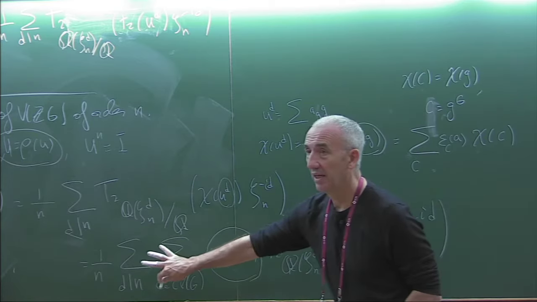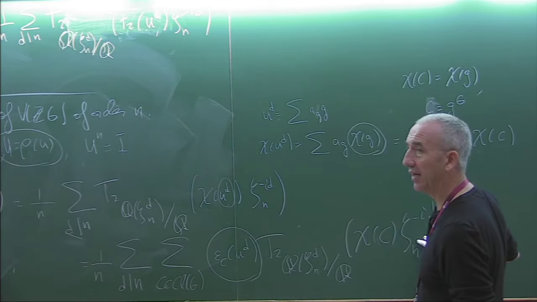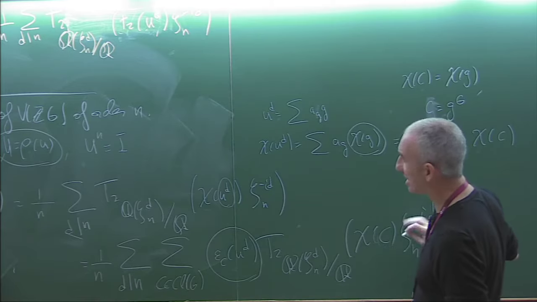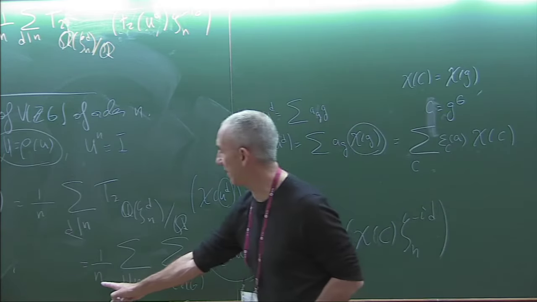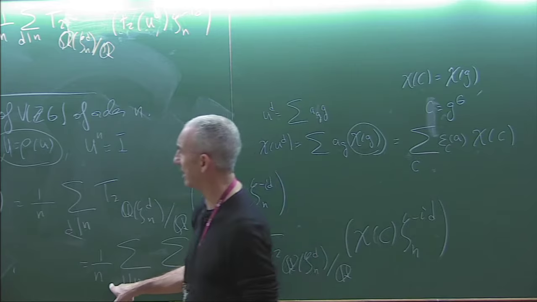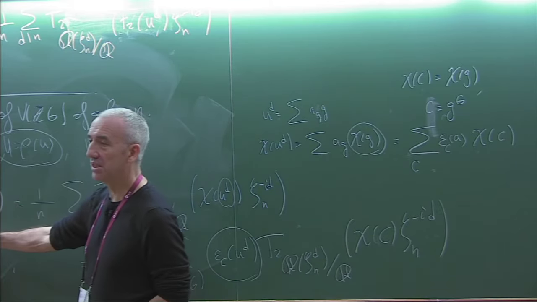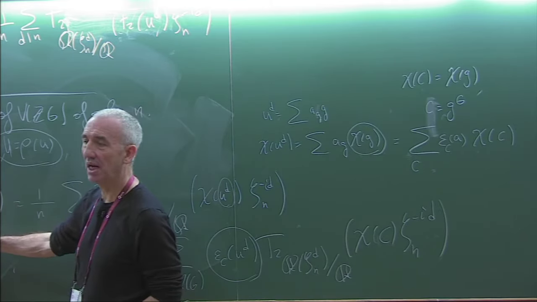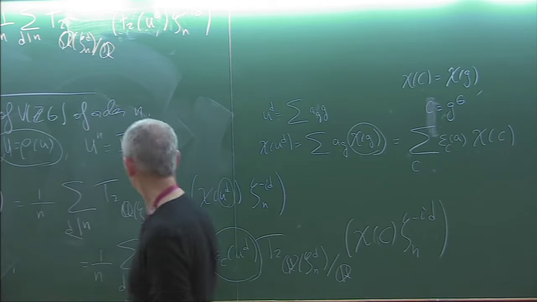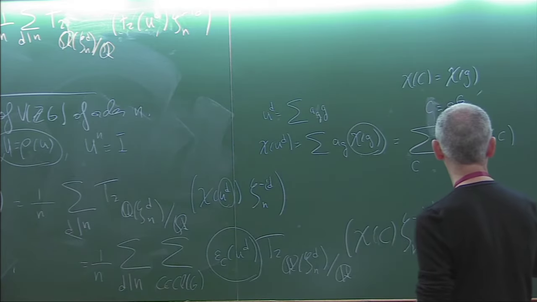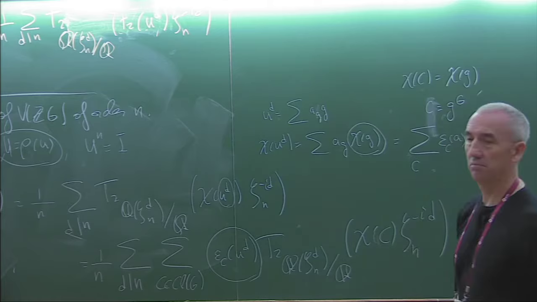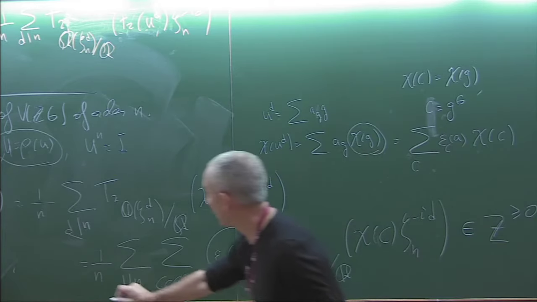So we have a linear combination, not exactly with integral coefficients, because here we are divided by n. Well, but we can put the n to the other side. And what is this? This is a non-negative integer. And these are the conditions.